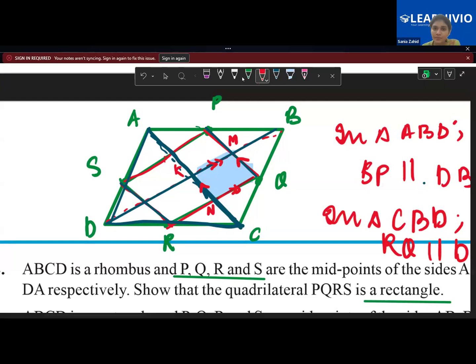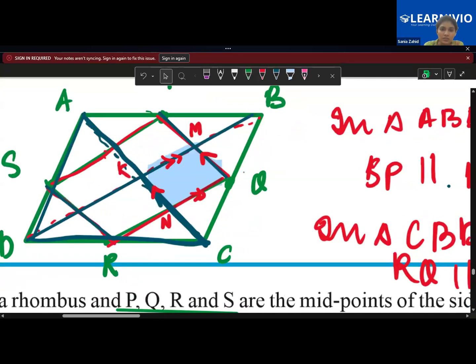Now children, what do I get? This angle plus this angle is equal to 180 degrees.